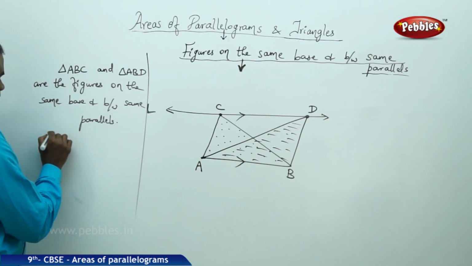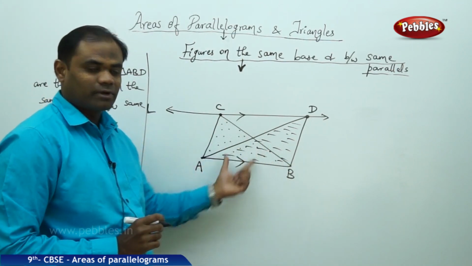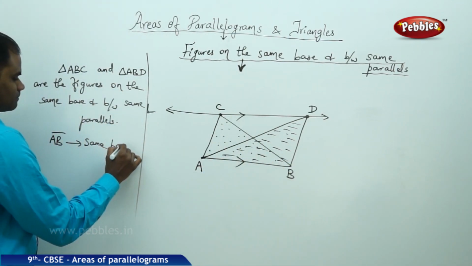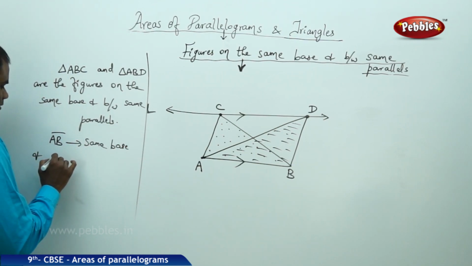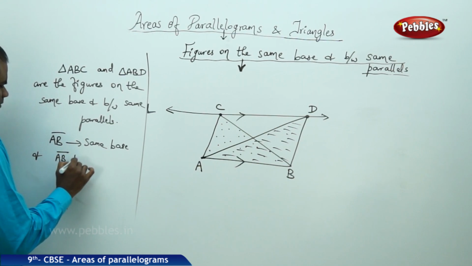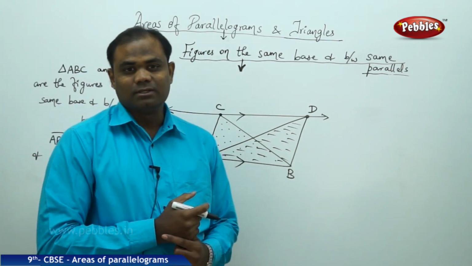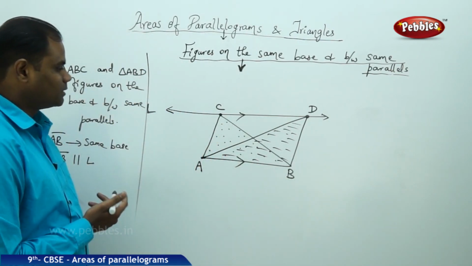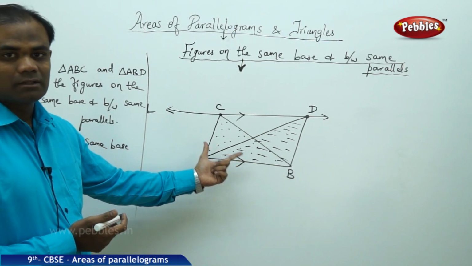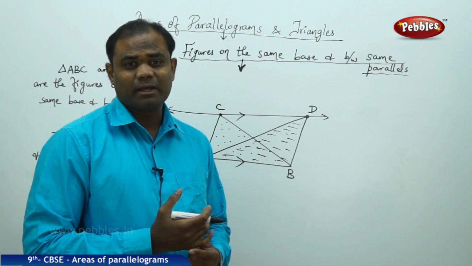Here AB, which is the same base for these two triangles, and the parallel lines are the base AB, which is parallel to the line L, is how we see the parallels. So these are the two figures, for example, when I take, the two figures between same base and same parallels.